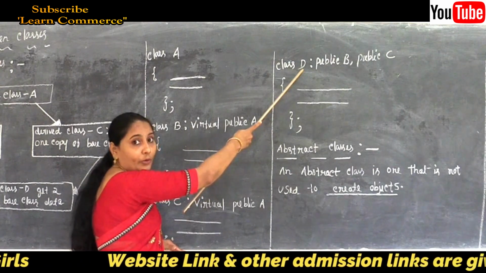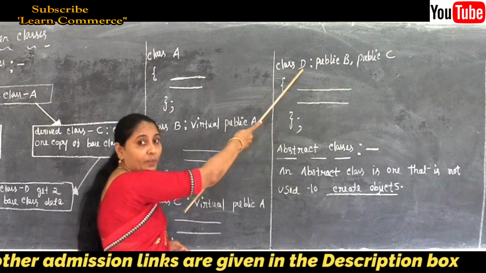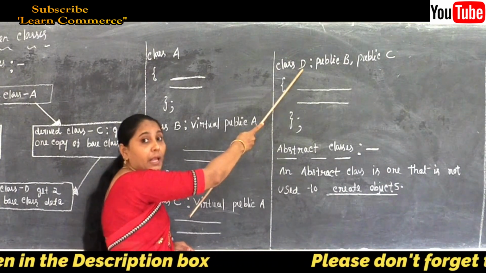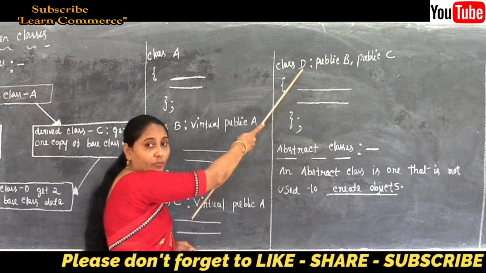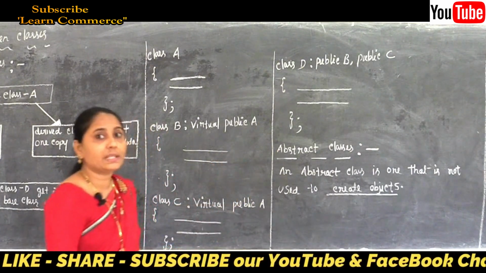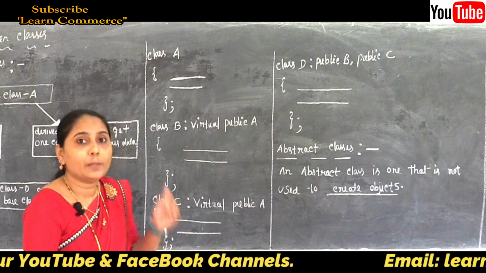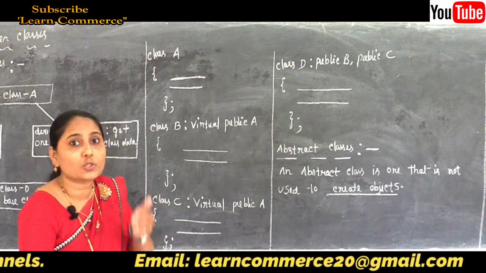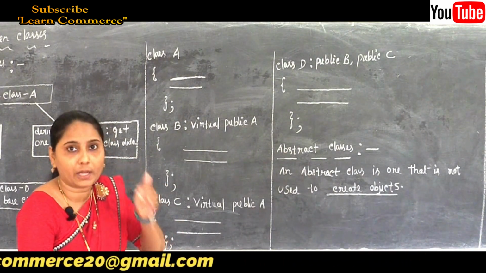When it gets the same common copy again and again, it creates a problem, the ambiguity problem: which of the two copies is to be accessed first?